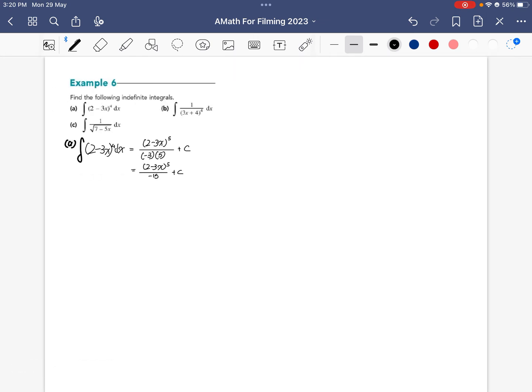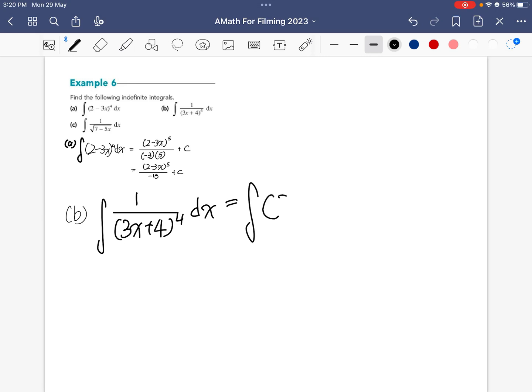Now, let's go on to part B. What I'm attempting to integrate is 1 over (3x plus 4) to the power of 4 with respect to x. I change it to a more useful form, (3x plus 4) to the power of negative 4 dx. Same as what we did earlier.